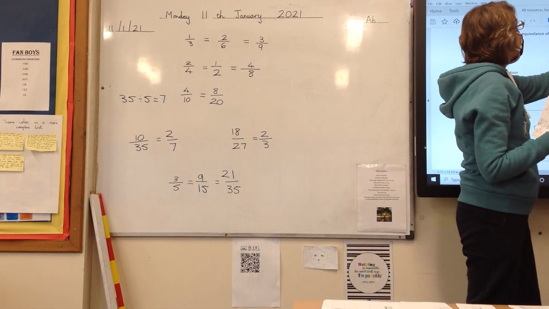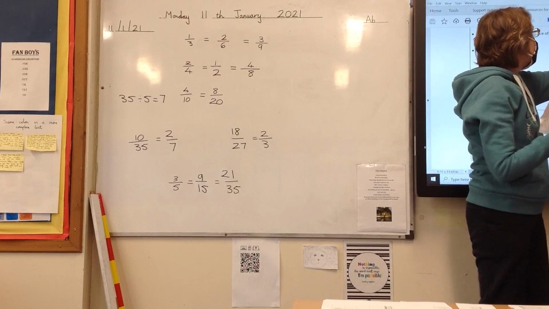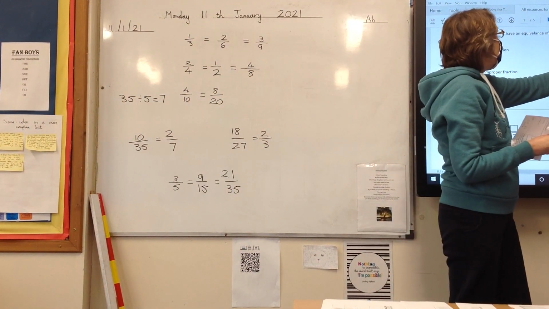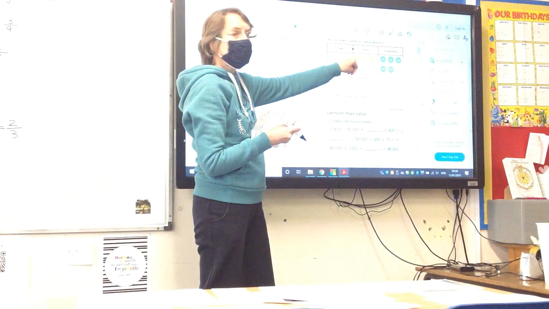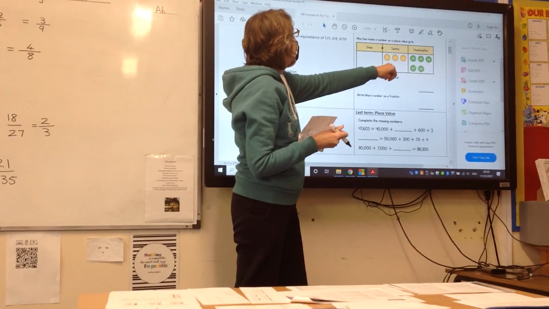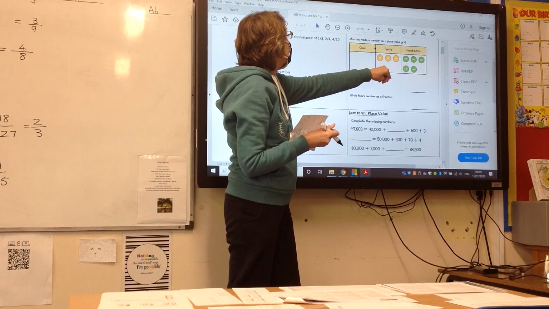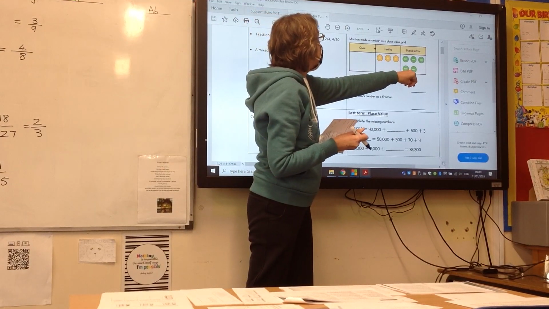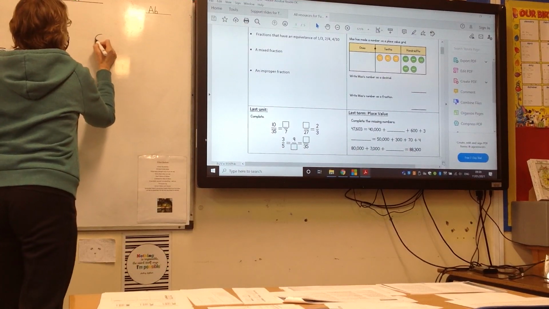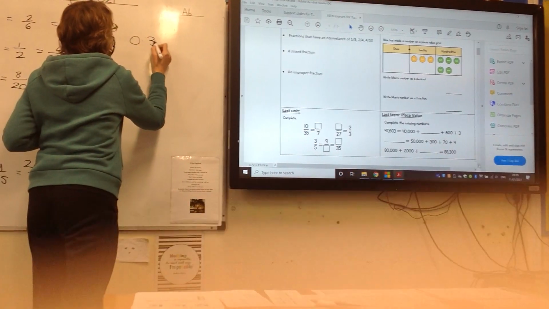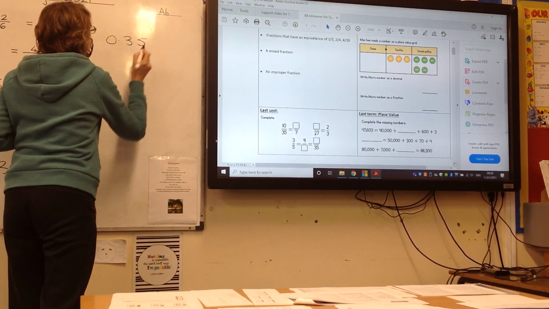This question, Max has made a number on a place value grid. How many 1s have we got? How many 10ths have we got? 3. How many hundredths have we got? 5. So the number made is 0.35. Now we did this last week.